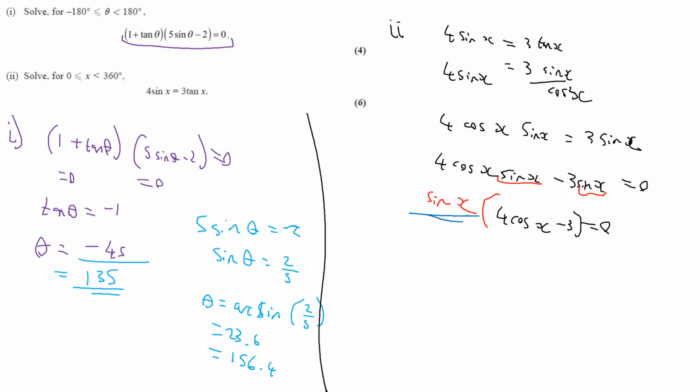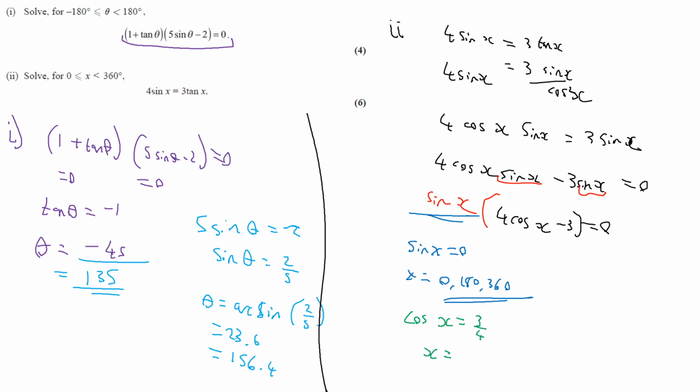Now we can solve for x, right? If sine x is equal to 0, x will be equal to 0, 180, and 360, okay? Our other value is that cos x is going to be equal to 3 over 4.